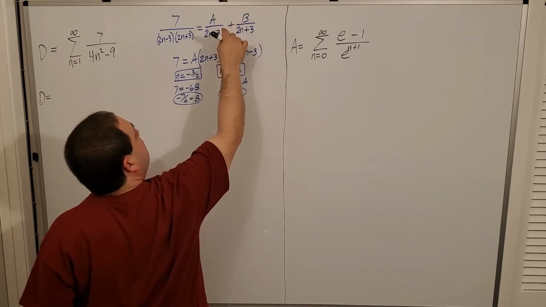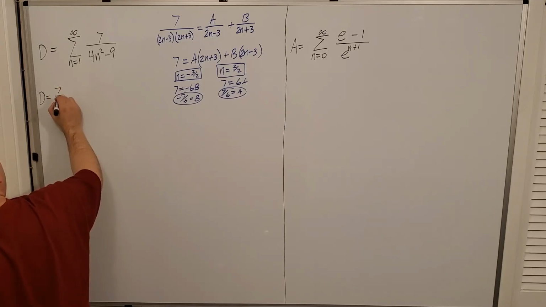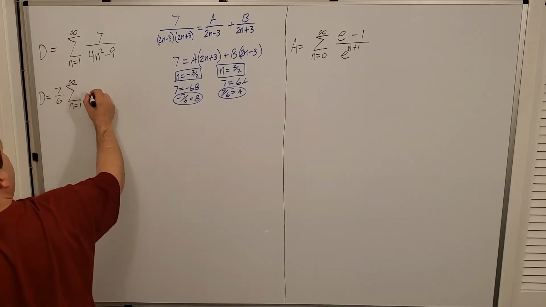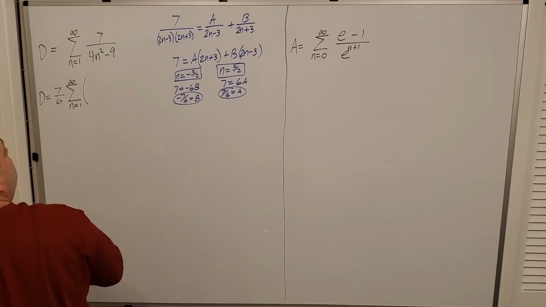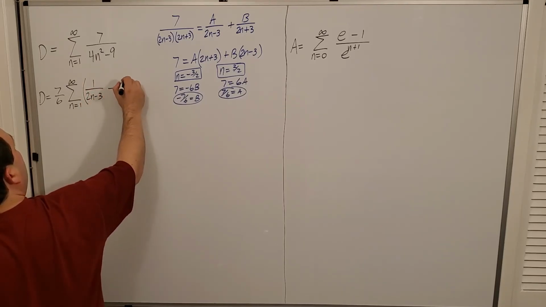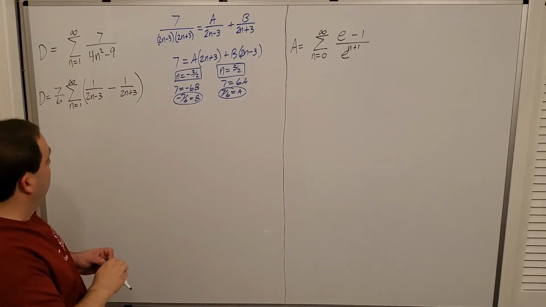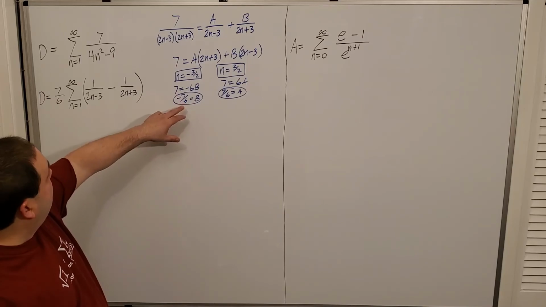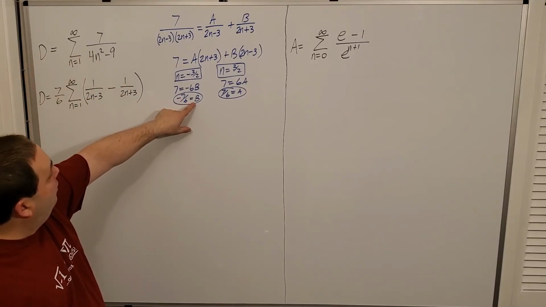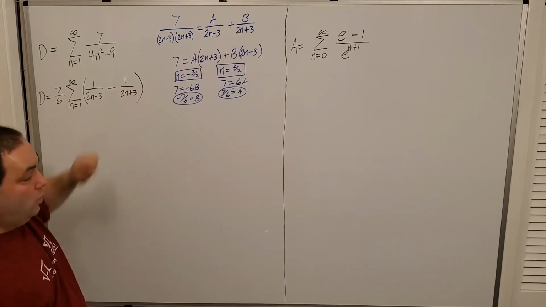It's going to be 7/6 over one of them and negative 7/6 over the other one. So it'll be 7 over 6 times the summation, n equals 1 to infinity of 1 over 2n minus 3 minus 1 over 2n plus 3, like so. Again, all I did was factor this 7 over 6 out of both of these fractions, and then the negative that went with the B is still there as my subtraction. Hence why the 2n plus 3 is the one being subtracted.